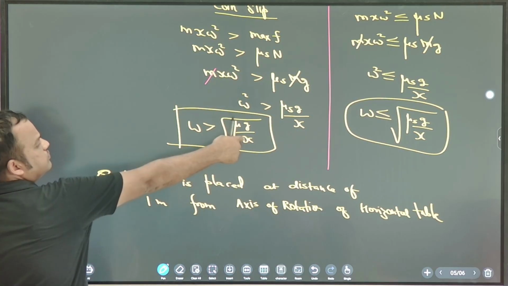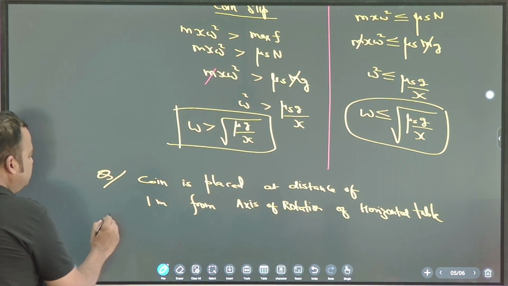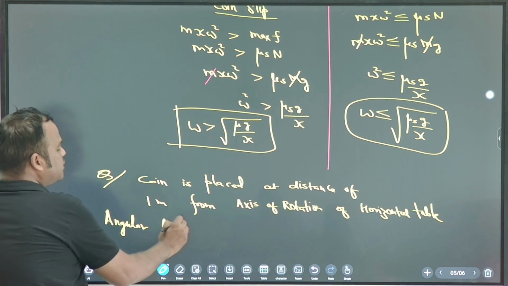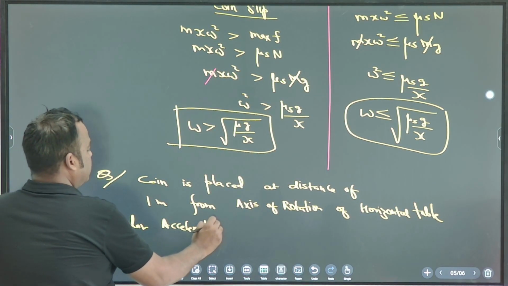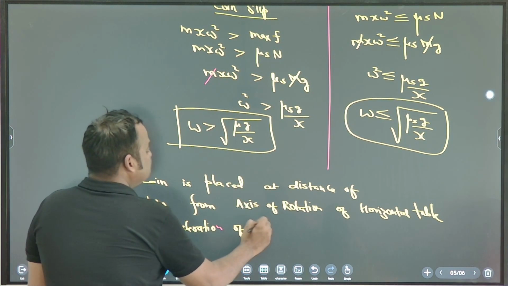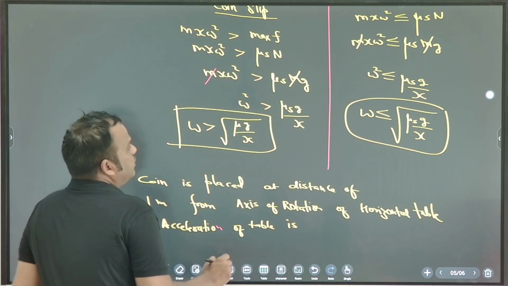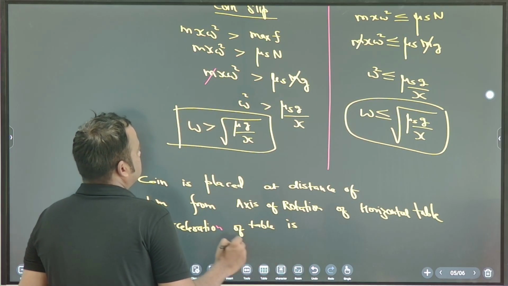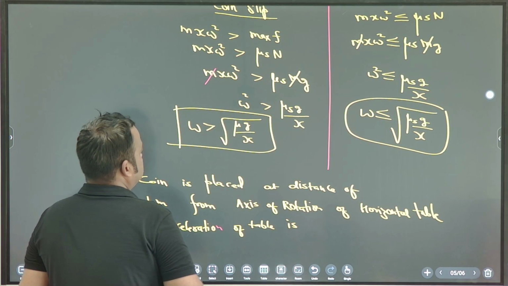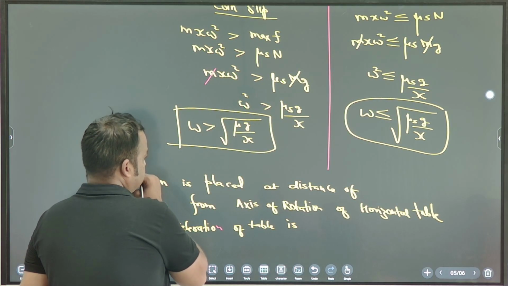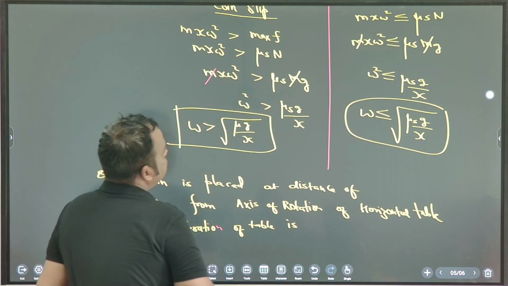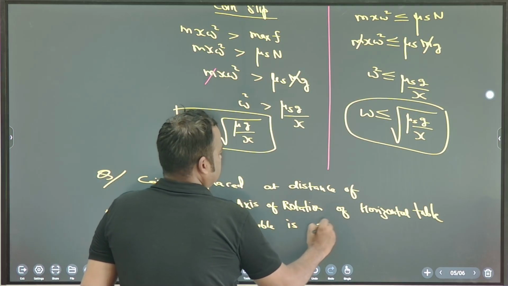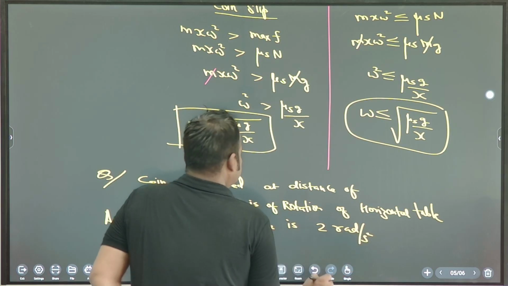So what is given? X. The angular acceleration of the table is 2 radian per second square.